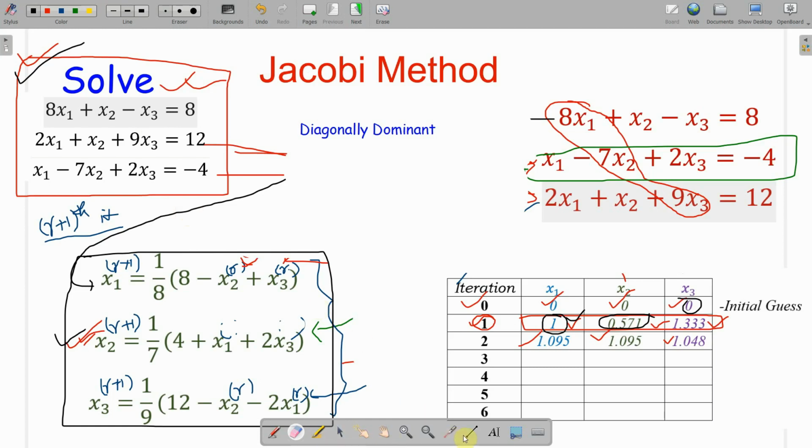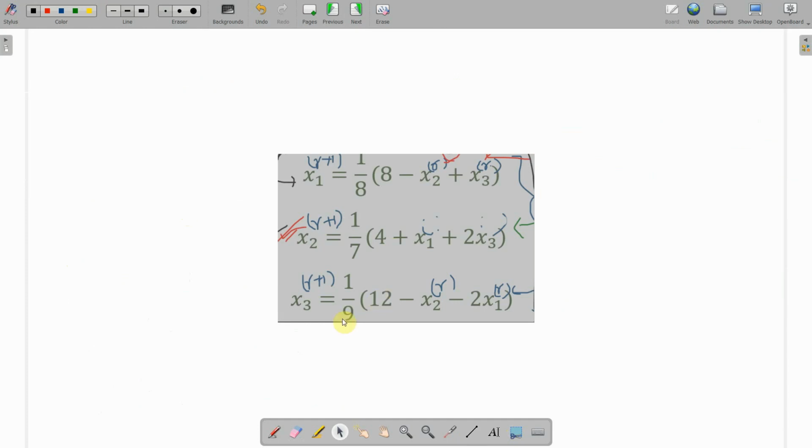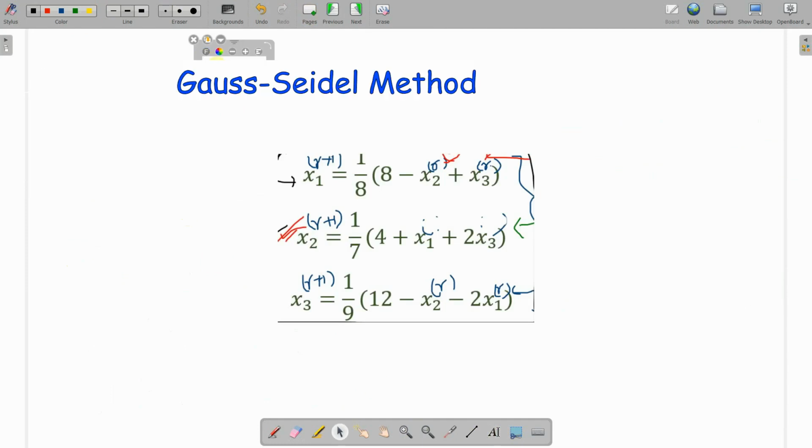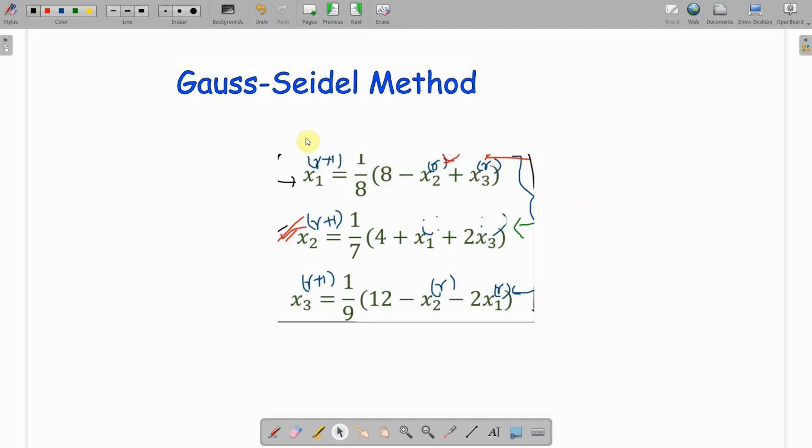Let me take the screenshot here. So what will happen in the Gauss-Seidel method in this condition?